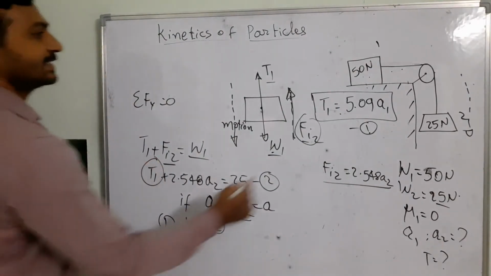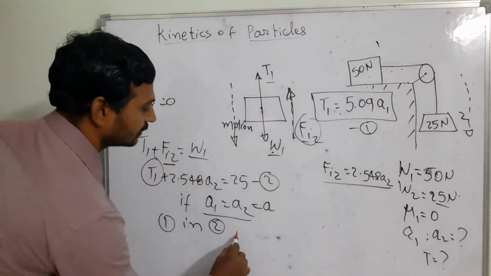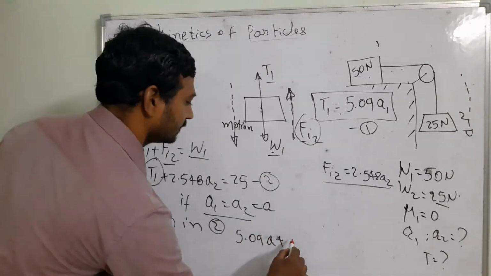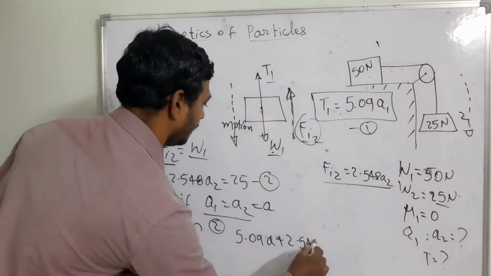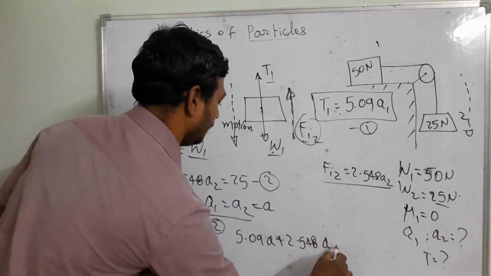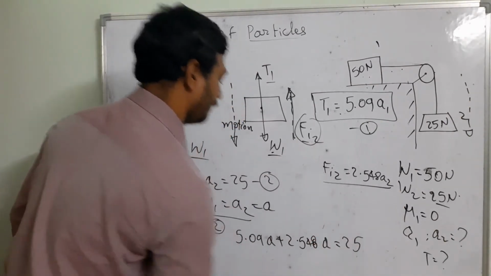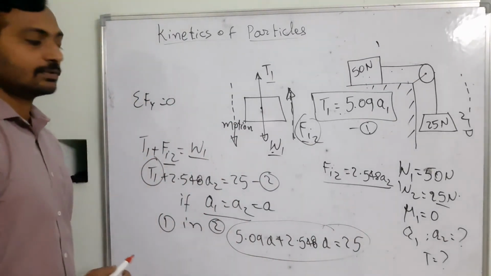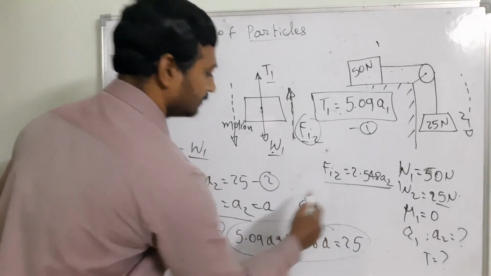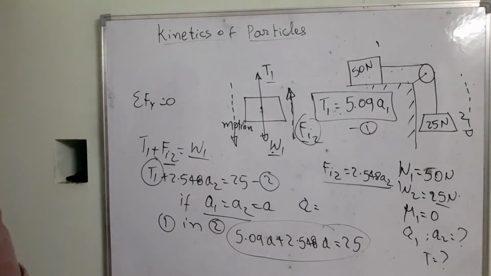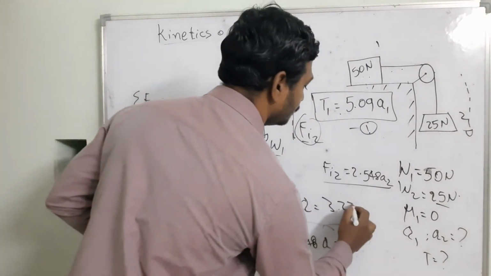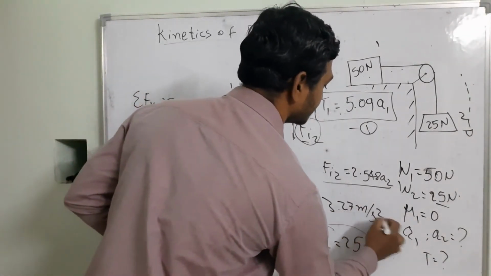So the T1 is equal to 5.09 A plus 2.548 A, that is equal to 25. After the simplification of this equation, A is equal to 3.27 meter per second square.